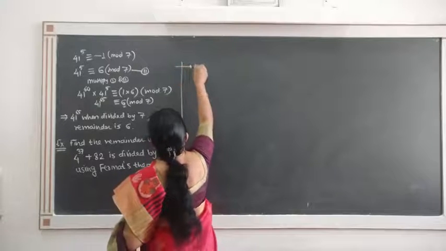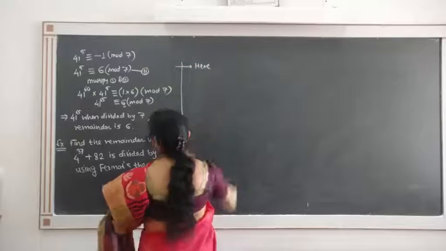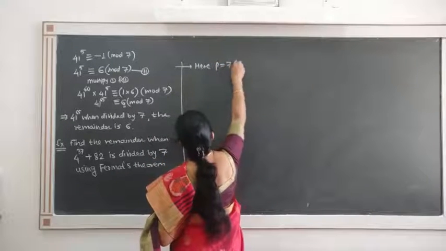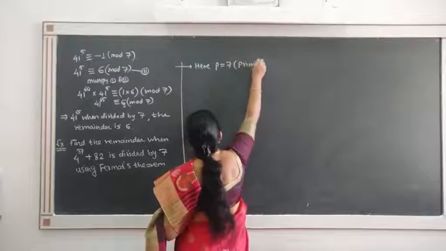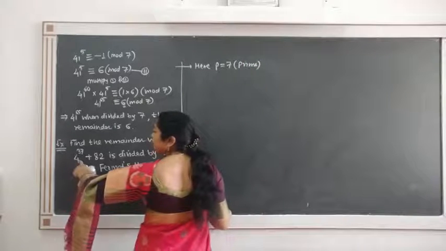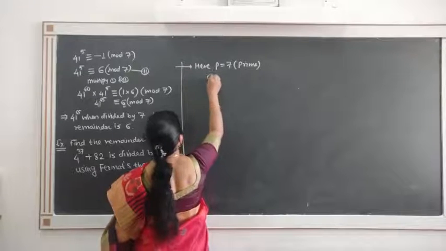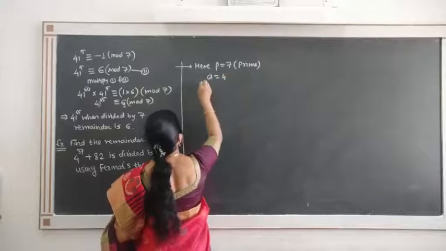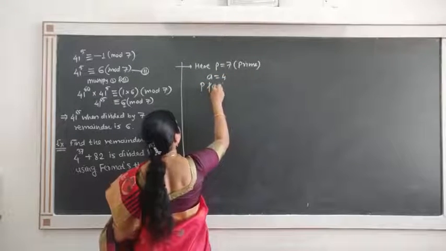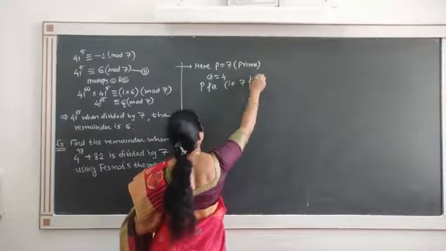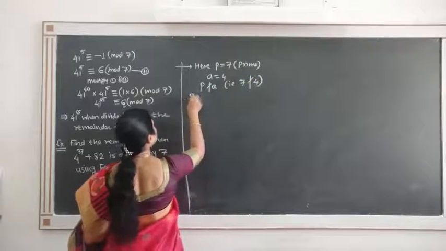See here, the prime is 7. P is equal to 7, a prime. We will firstly find the remainder when 4 raised to 37 is divided by 7. A is equal to 4 and P does not divide A. That is, 7 does not divide 4. So we can apply Fermat's theorem.